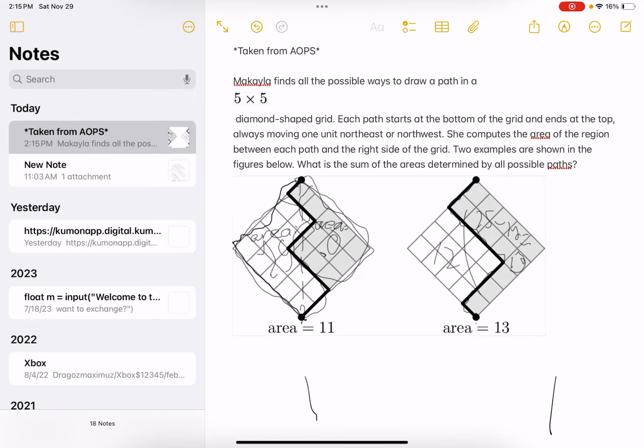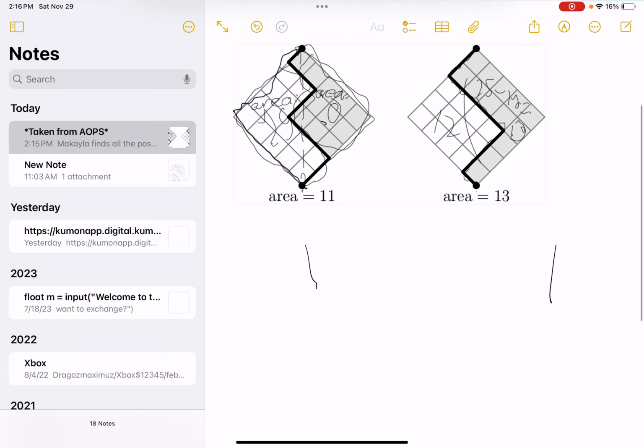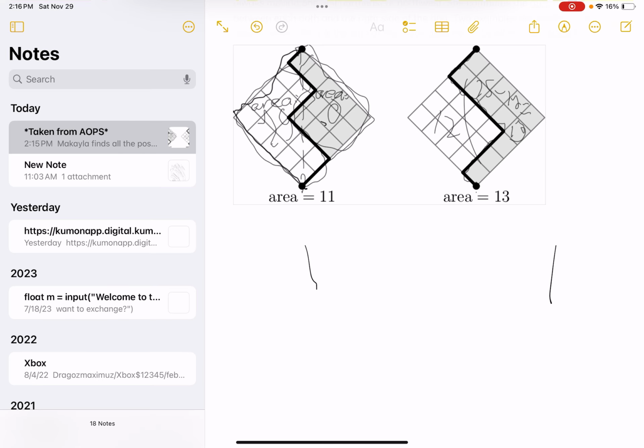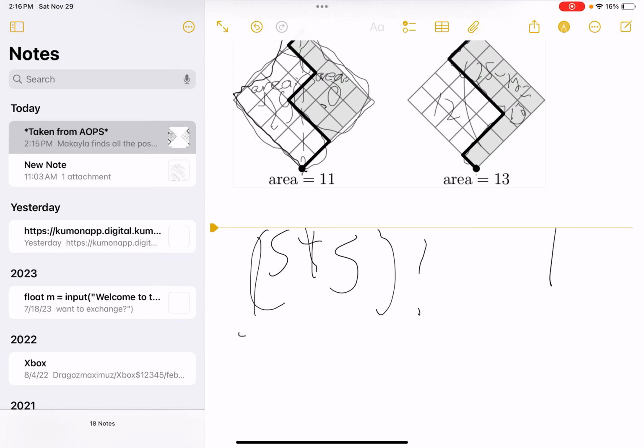So now, with the area being 12.5, you just need to find the total number of paths and multiply that by 12.5. The total number of paths, as I said, is 5 plus 5 total factorial over 5 factorial, 5 factorial.